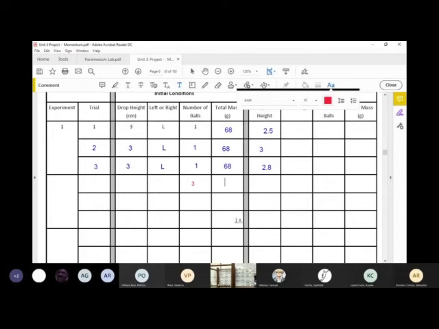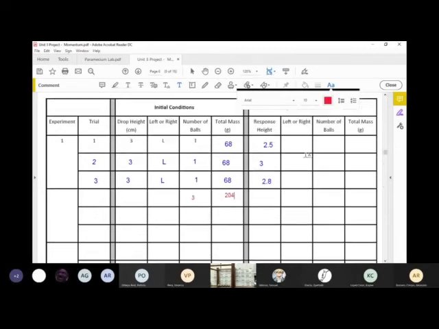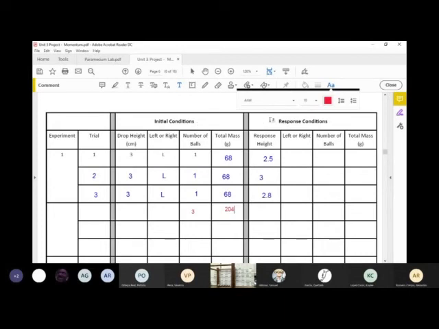Is that right? Clear. 68 times 3 equals 204. So whatever the number of balls was that you were measuring times 68 gives you your total mass. And that is true for both initial and response conditions.